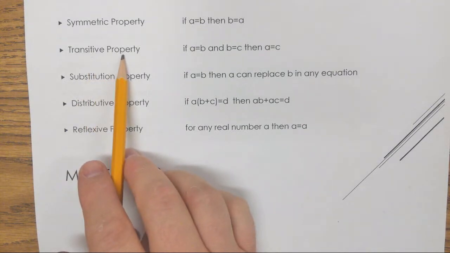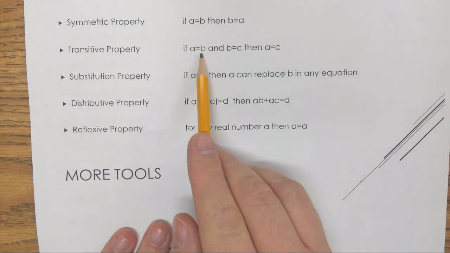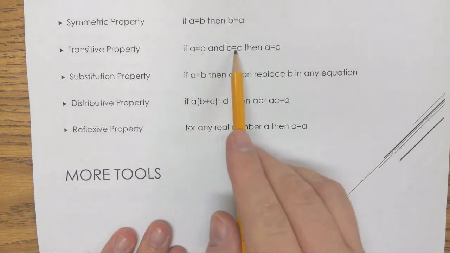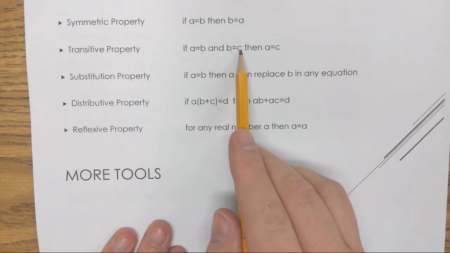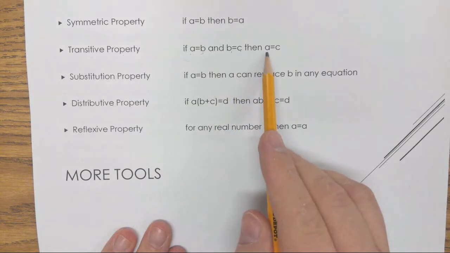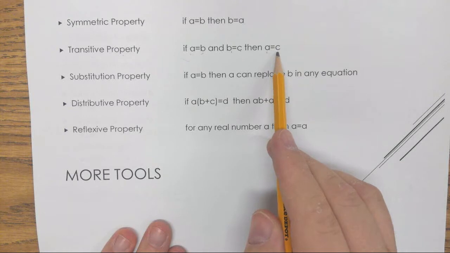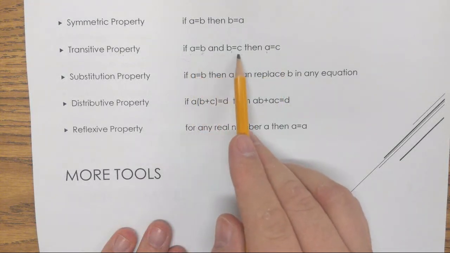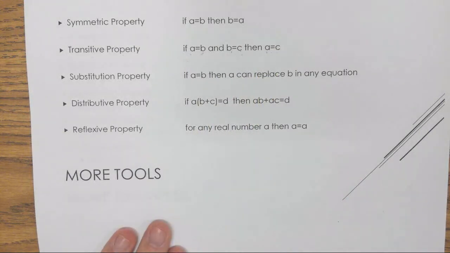Transitive property says that if A equals B, or if a number equals some other number, and then that other number equals another number, then the first number we started with is equal to the number we ended with. So A equals B and B equals C, then A equals C.